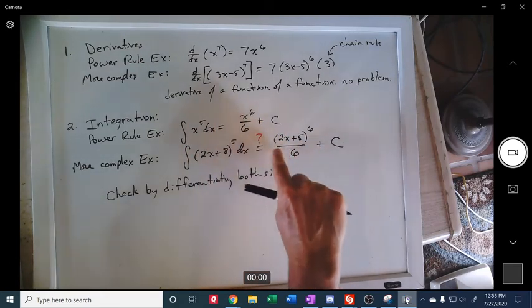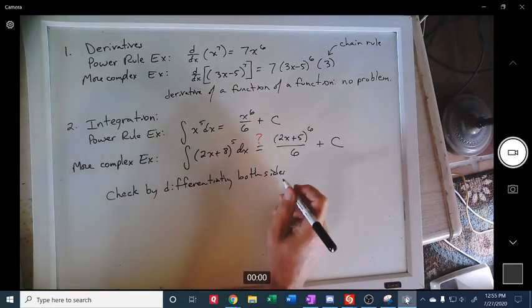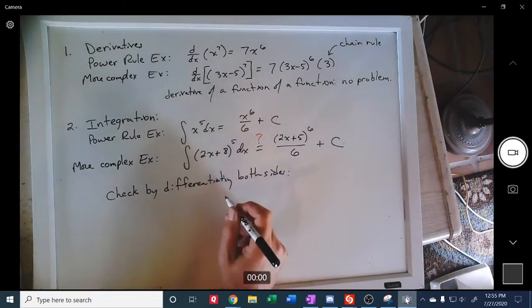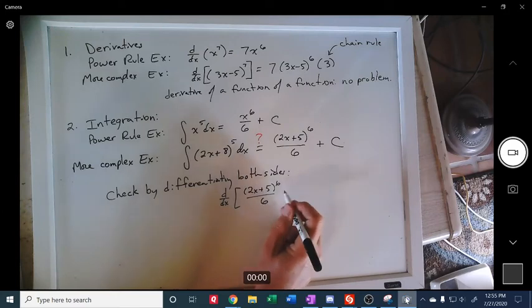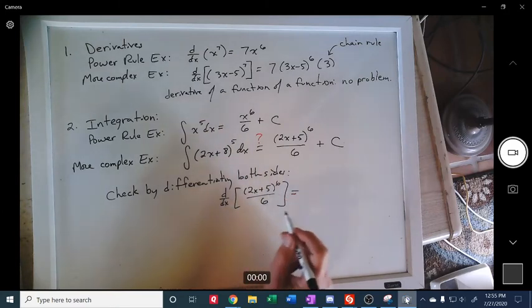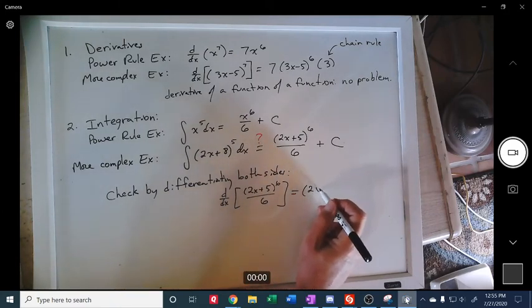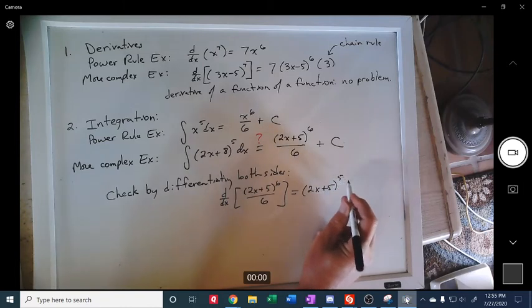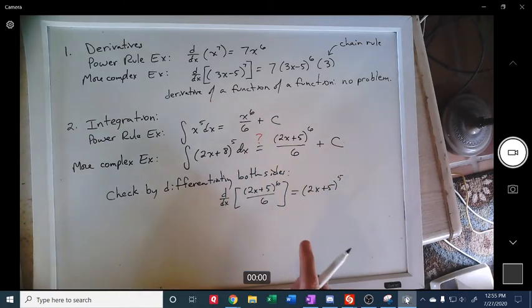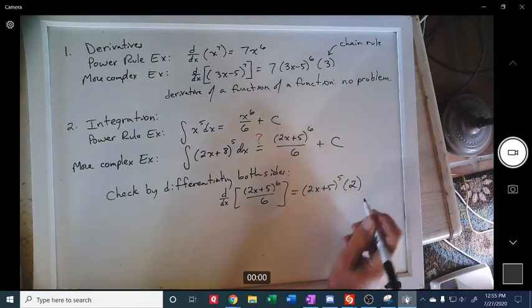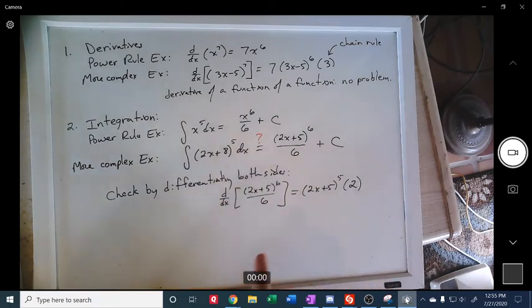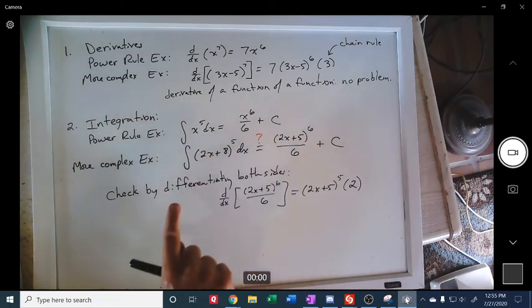When we take the derivative of that, d/dx, the 6's cancel. You get (2x + 5)^5. But you've got to take the derivative of the internal function, which is 2, and that doesn't match.